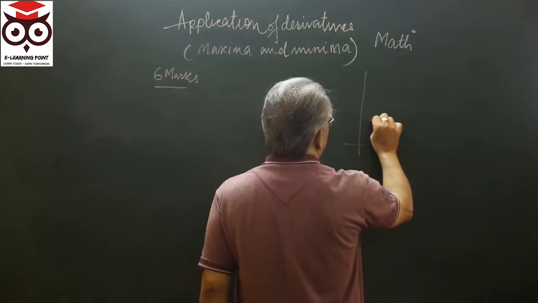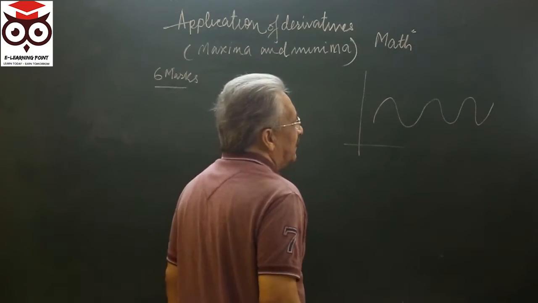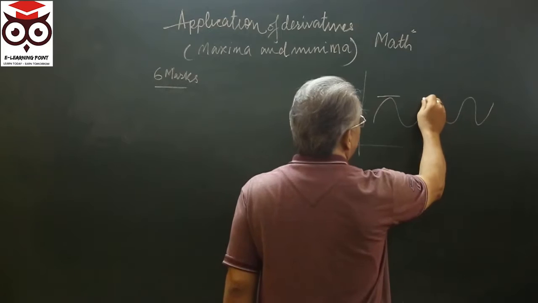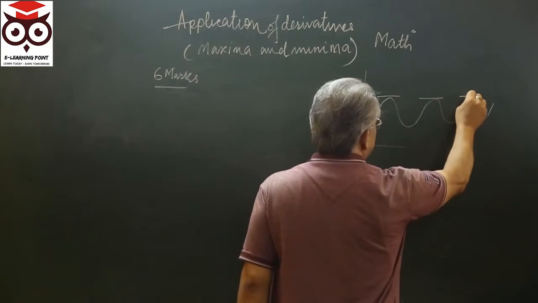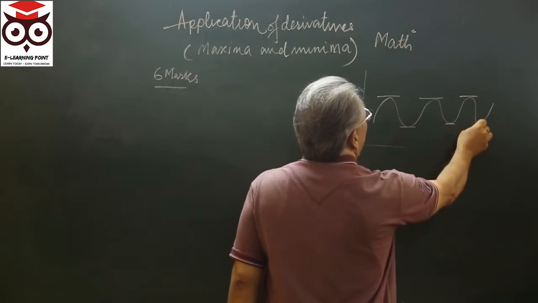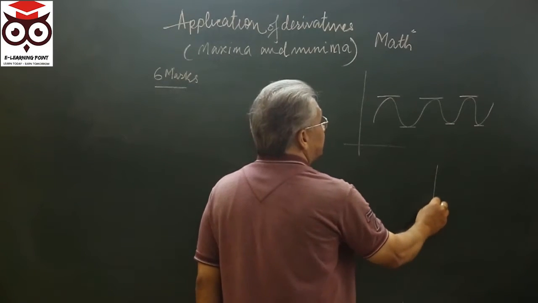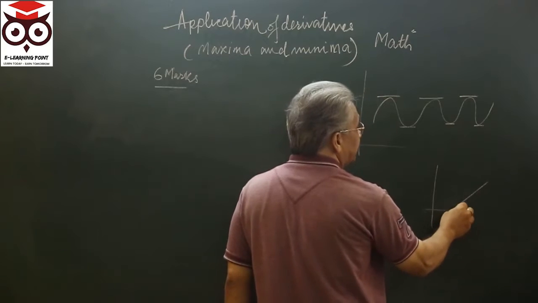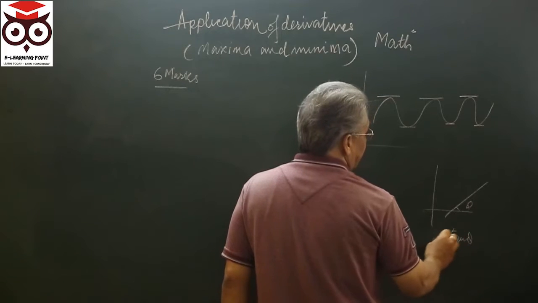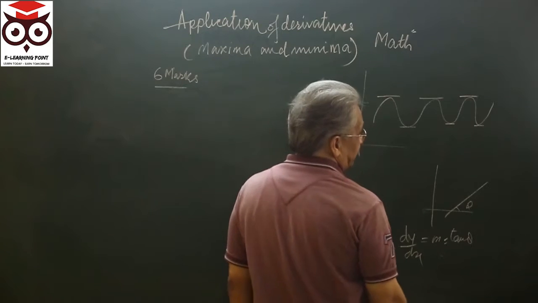examination. Suppose there is a curve and let us consider this is the curve, right? If I draw the tangent at that point, which is parallel to the x-axis, it means the slope is theta, and slope is equal to tan theta, and it is defined as dy by dx, right?